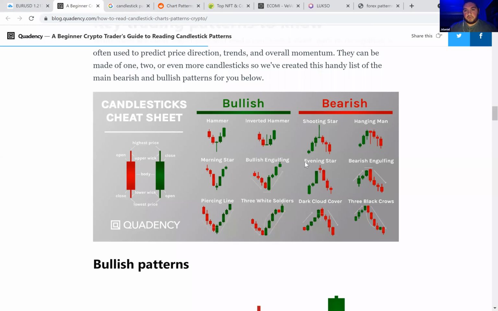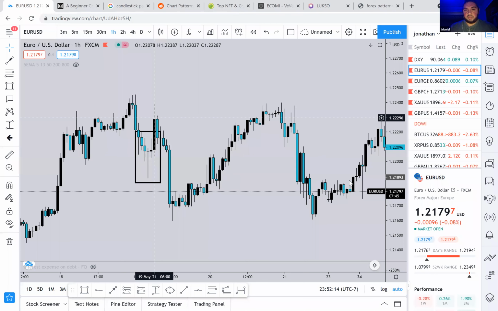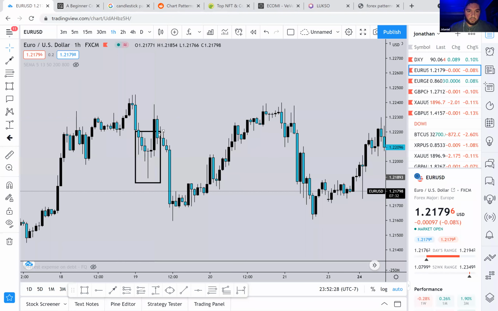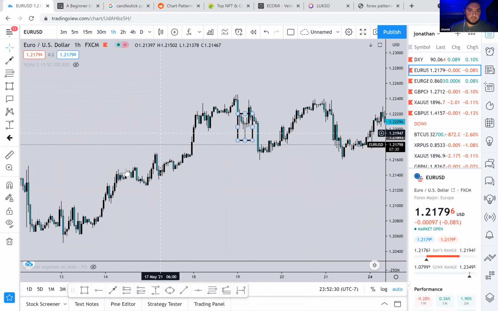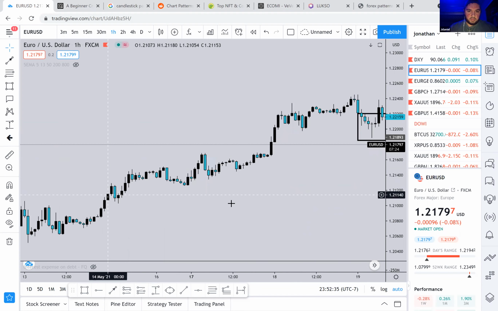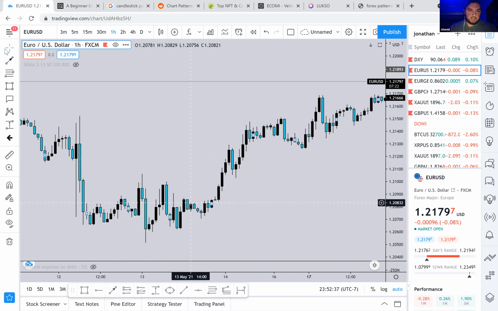Let's see if we can find an inverted hammer. 1 second, guys. I think I might see one. This might be one here. Might not be the best one, but it's definitely one here.